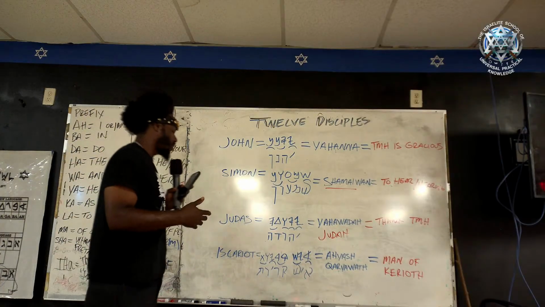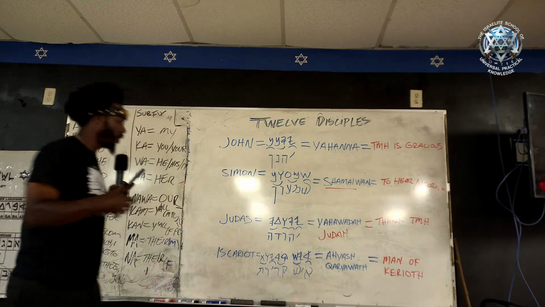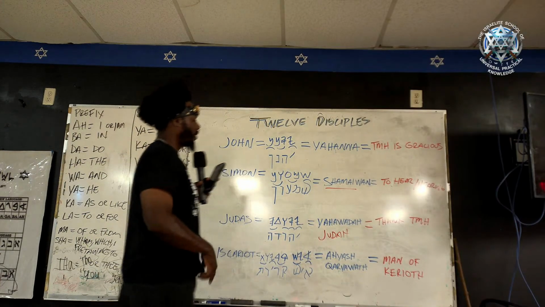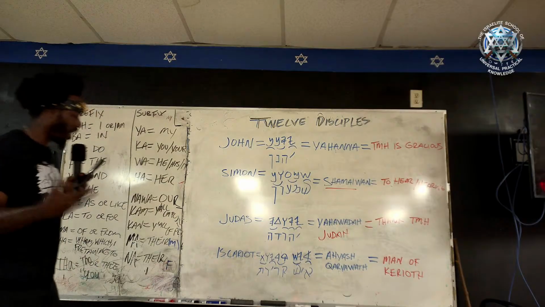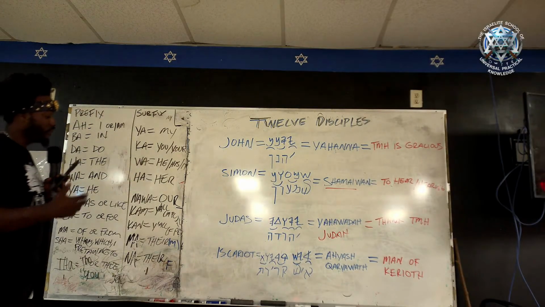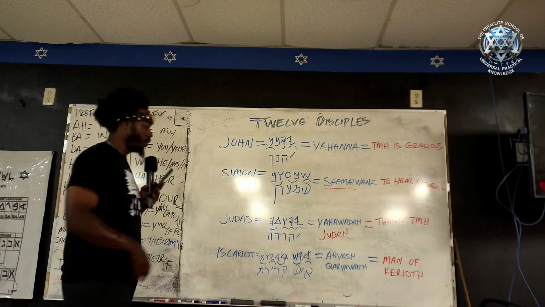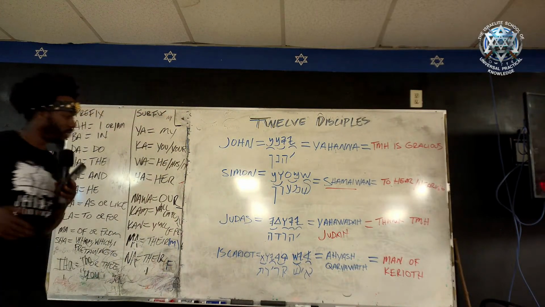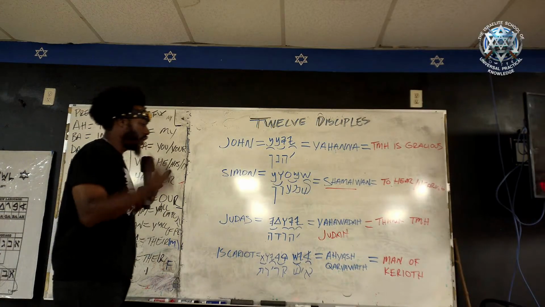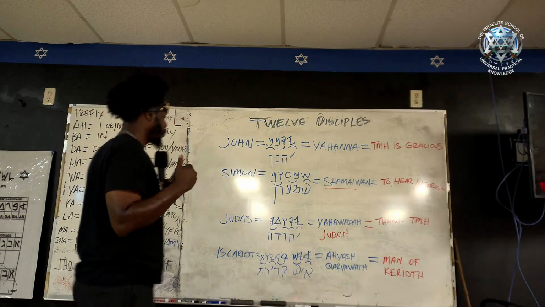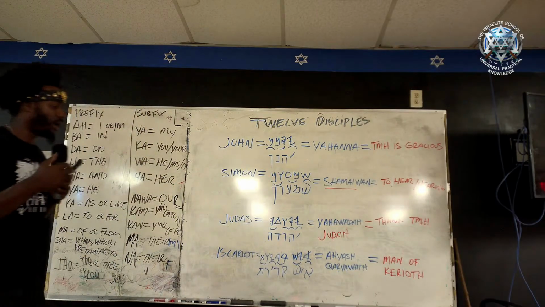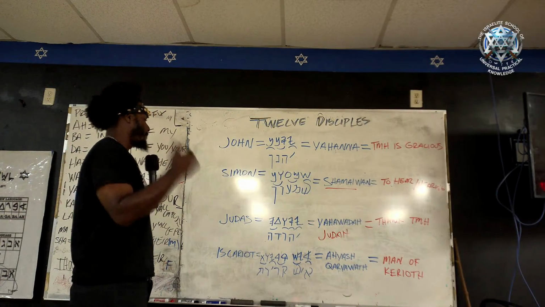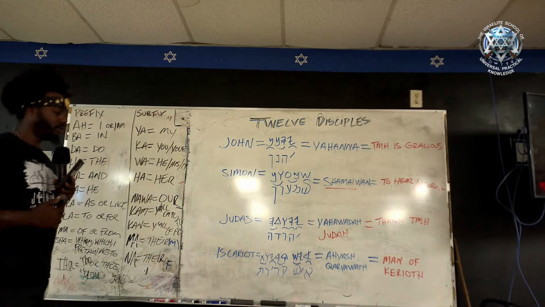You have Judas, which is the Greek version of Judah, which is Yahawada, which means thank the Most High, thank Yahweh, right? Then it was Judas Iscariot, which was Ayash Quariyath, which means man of Kirioth, because that's where Judas was from. So it was Yahawada Ayash Quariyath, which is Judah, man of Kirioth, right?